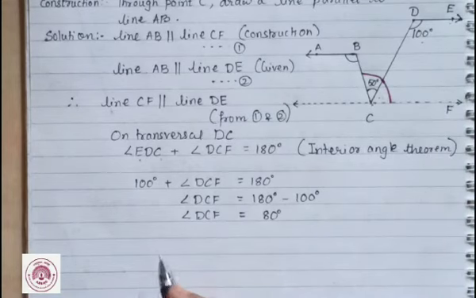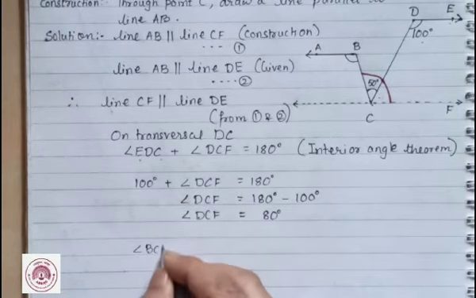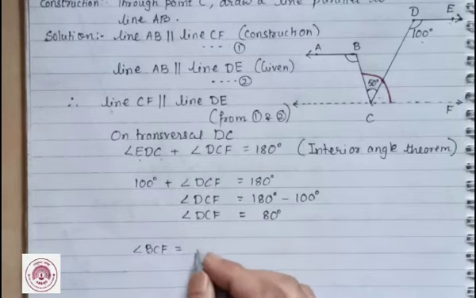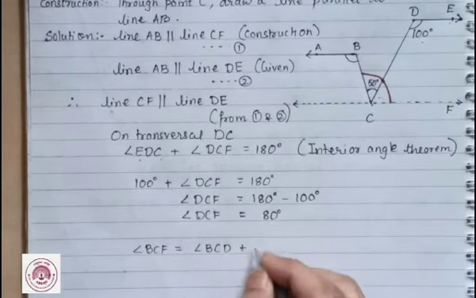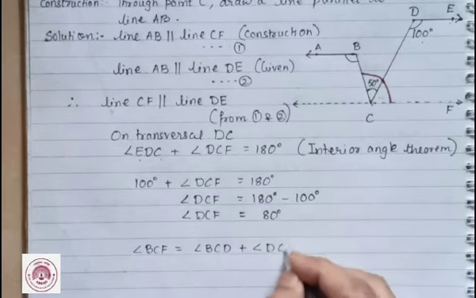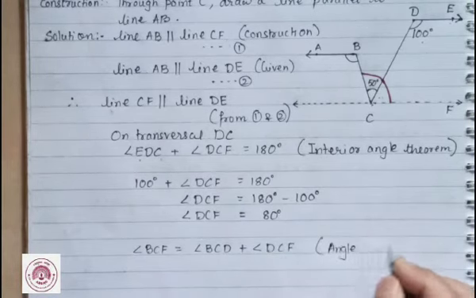So let's write that. Angle BCF equals angle BCD plus angle DCF. Reason? Angle addition property.